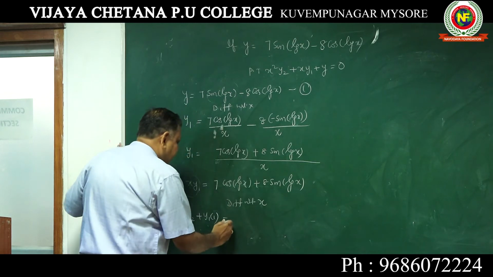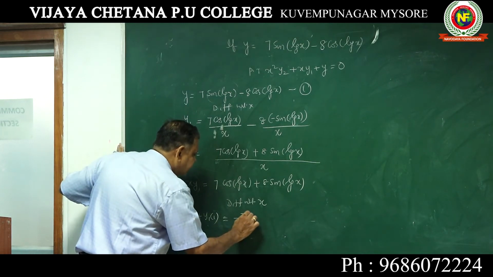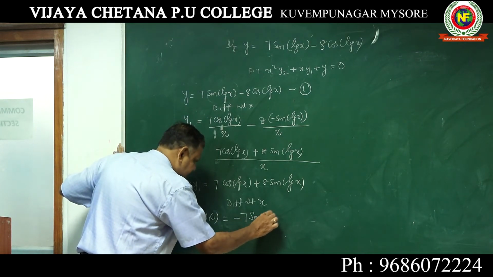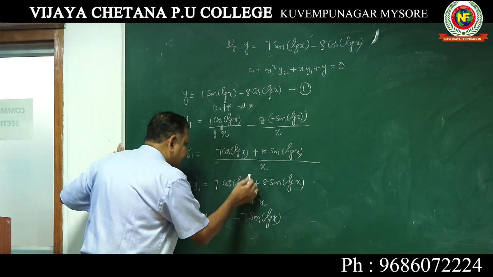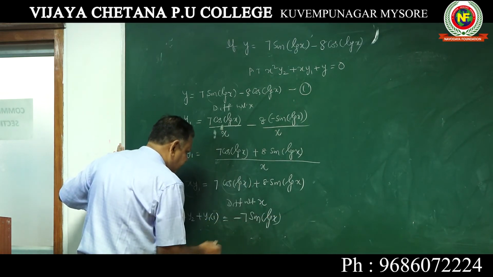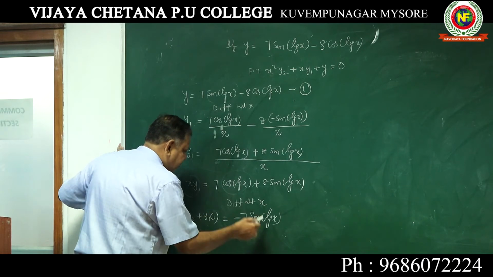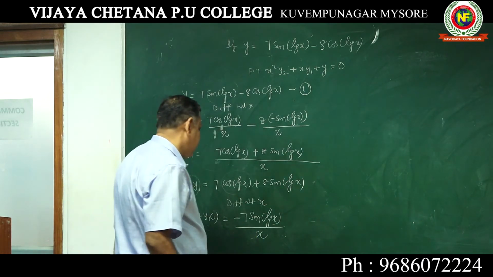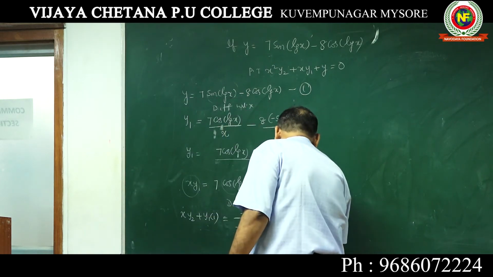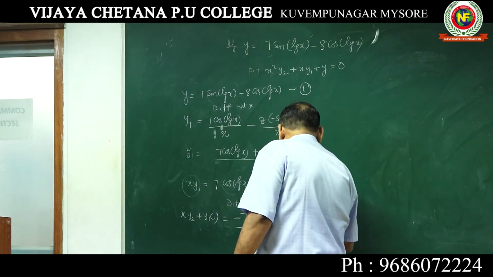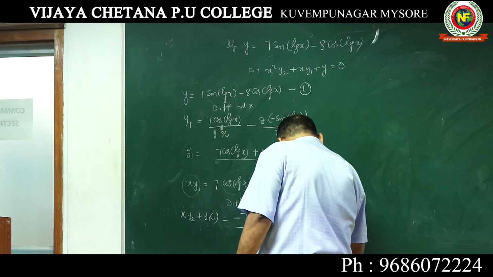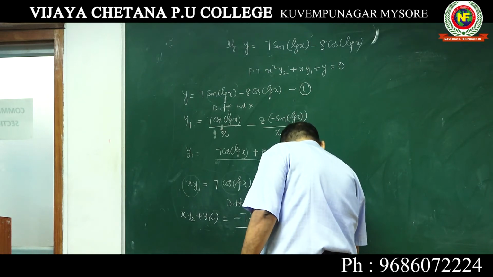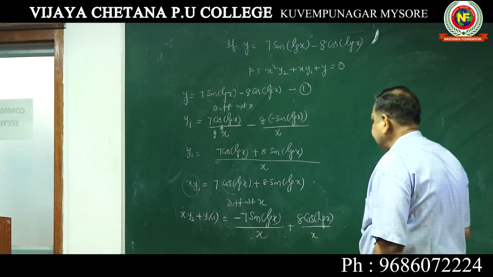is equal to, here further differentiation, minus 7 sin log x, because cos x differentiation is minus, so I am putting directly minus here, minus 7 sin log x by x, plus 8 sin log x differentiation is cos log x divided by differential coefficient of log x, x.